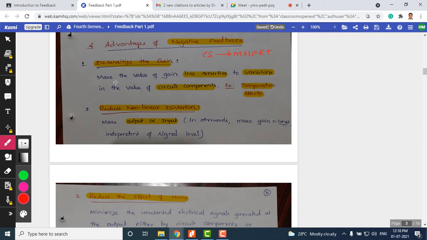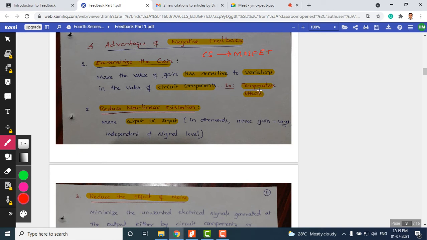By definition, it makes the value of gain less sensitive to variations in the value of circuit components. Sometimes the design values are different from the components that we use to rig up the circuit. Even if there is a change in the component values compared to the design, that changes the output of the circuit. The circuit becomes so sensitive to changes in component values, and to temperature effects also.